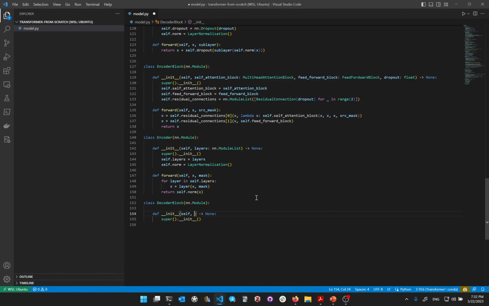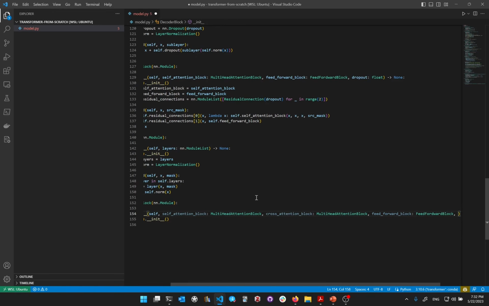Okay, let's define. This is the cross attention block, which is basically the multi-head attention, but we will give it different parameters. This is our feed forward, and then we have a dropout.